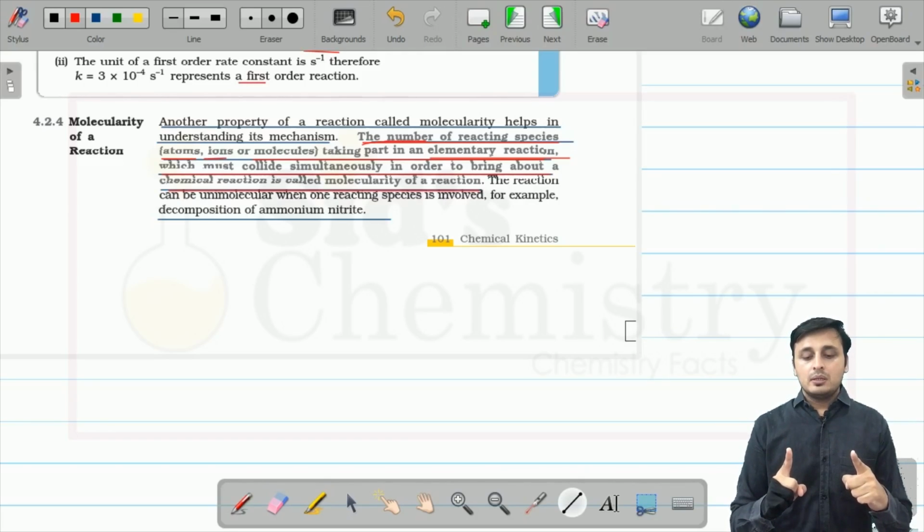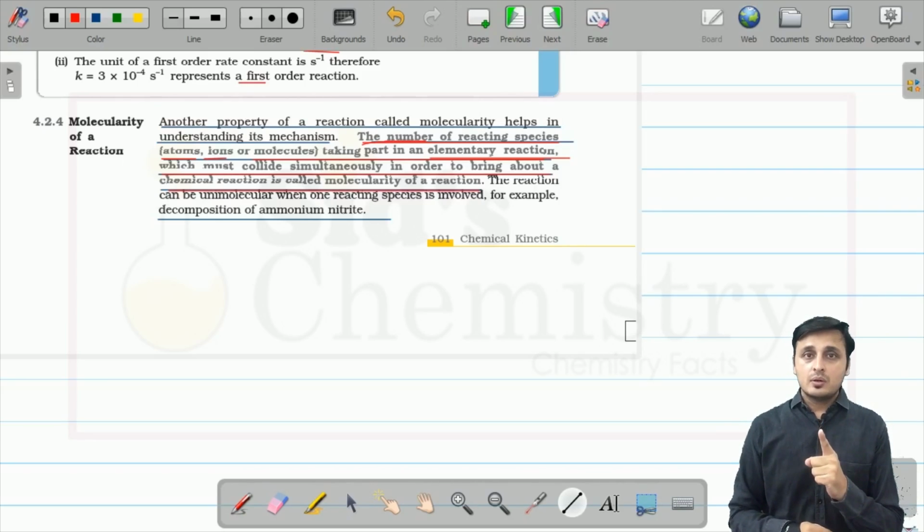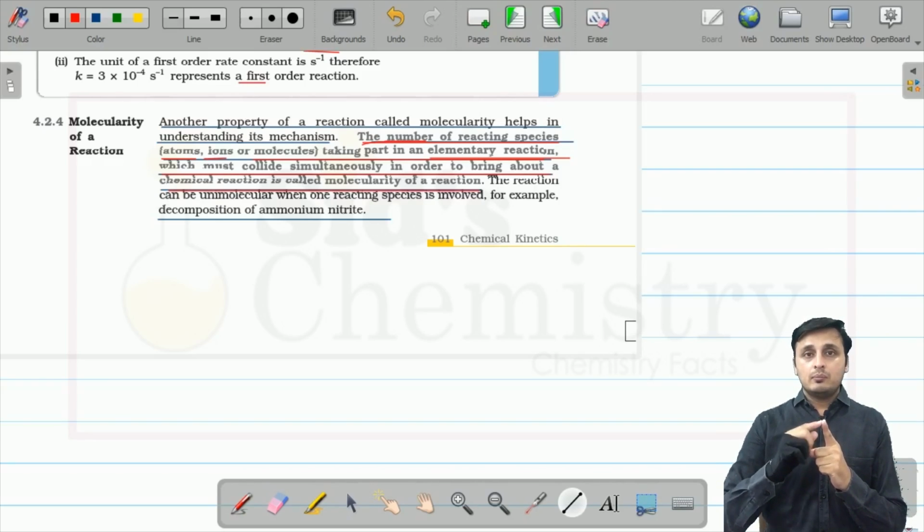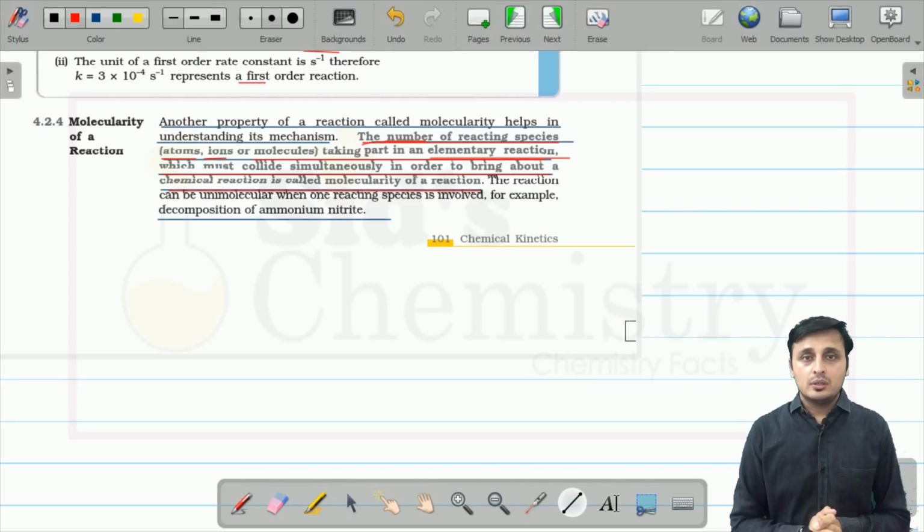Now A and B, the two particles, collided. Therefore, the molecularity of this reaction will be 2. Suppose there is one atom, one species only, and it is destroyed to form product. So in this elementary reaction, only A is involved, therefore it is a unimolecular reaction.